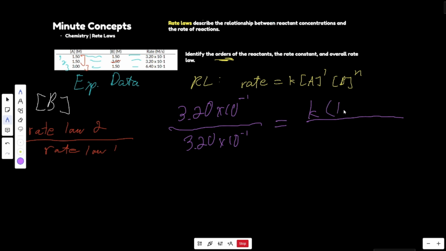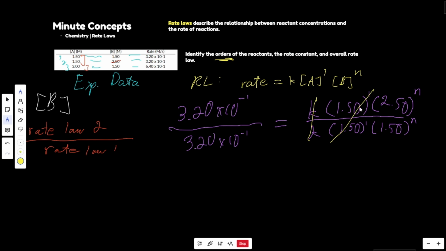So that's K times 1.50 to the power of 1, because now that we know what M is, we can just put 1, times 2.50, sorry, to the power of N over K times 1.50 to the power of 1 times 1.50 to the power of N. So again, these will cancel out.